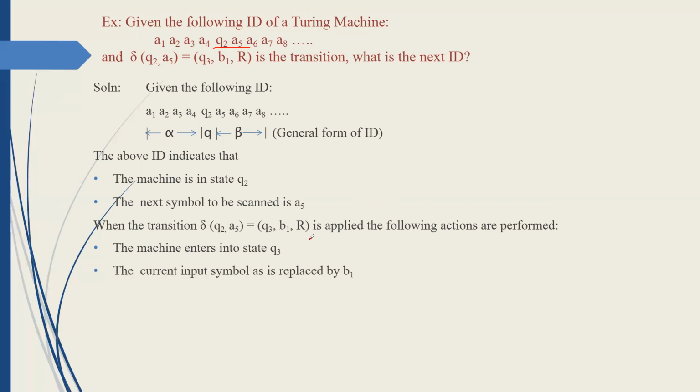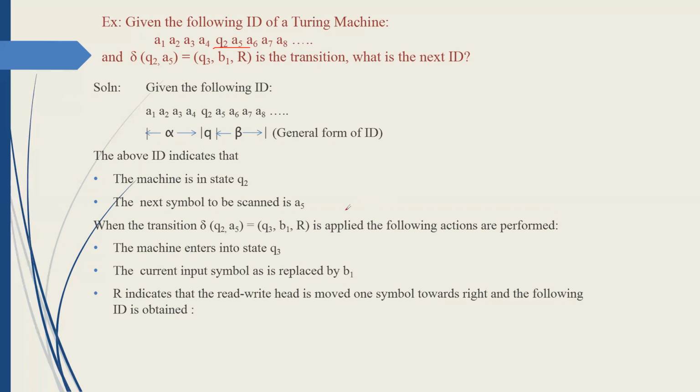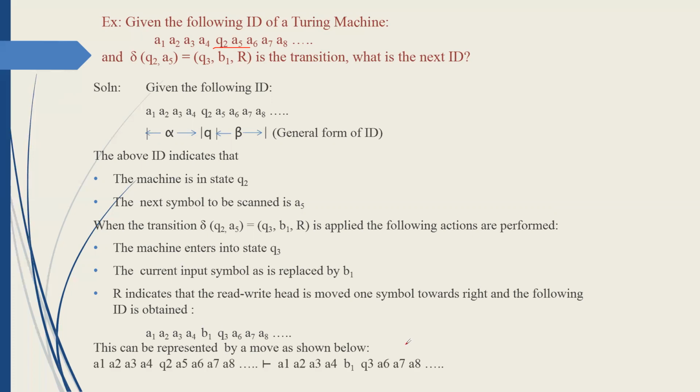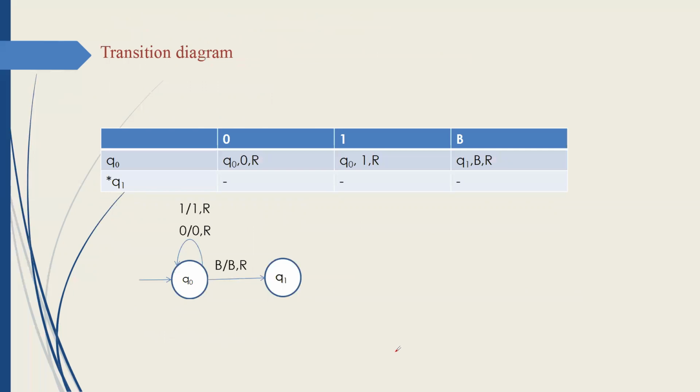So the machine enters the state Q3, the current input symbol is replaced by B1, and R indicates the read-write head is to be moved to the right side. So A1, A2, A3, A4, B1, and the head has moved to the right, Q3, A6, A7, A8. This is a representation of how the moves are made.